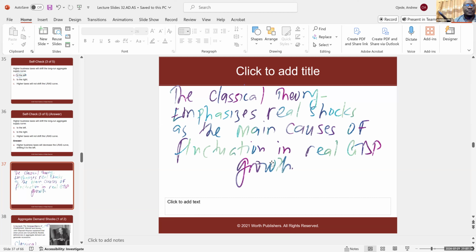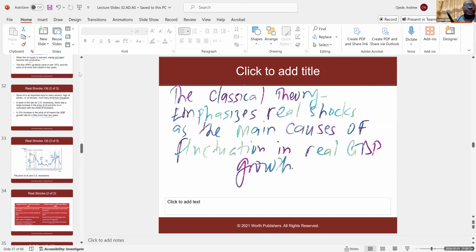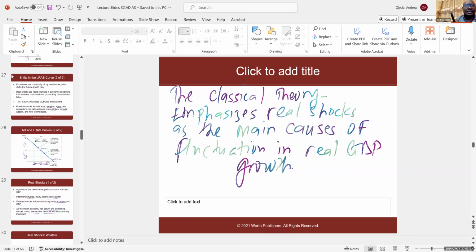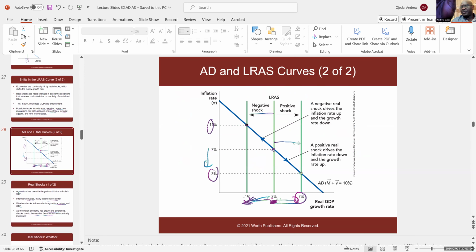Meaning that what we talked about already, let me go back here. We talked about this here. The only thing that will affect GDP growth, real GDP growth, is those real shocks we talked about, like wars, like technology, but not spending.